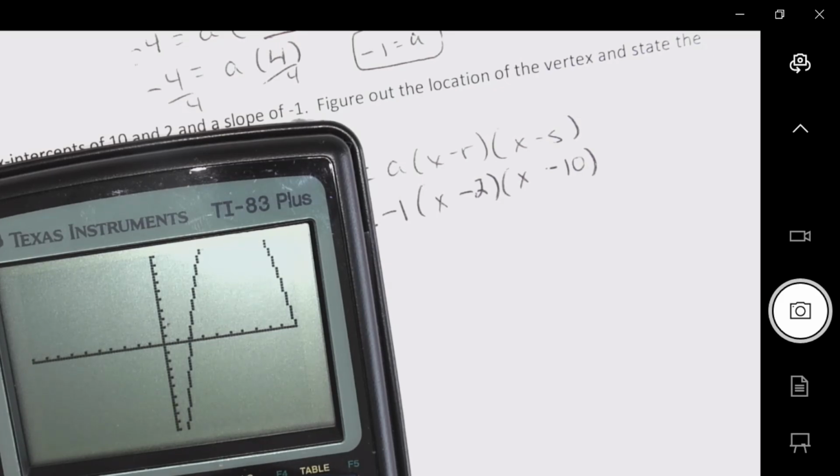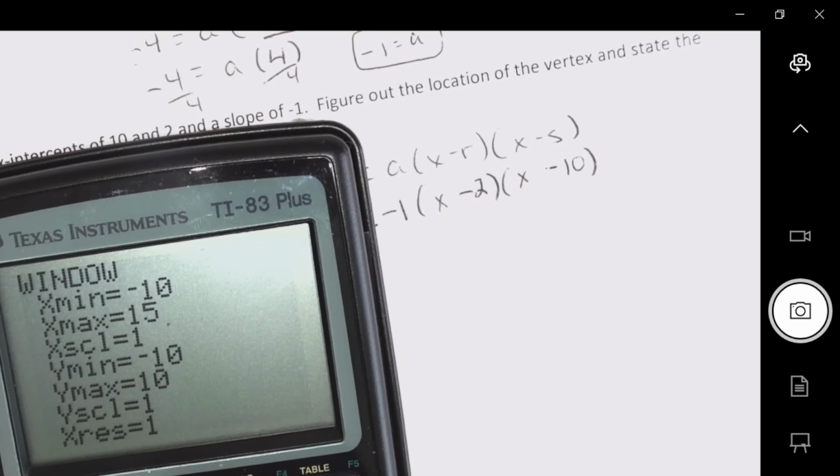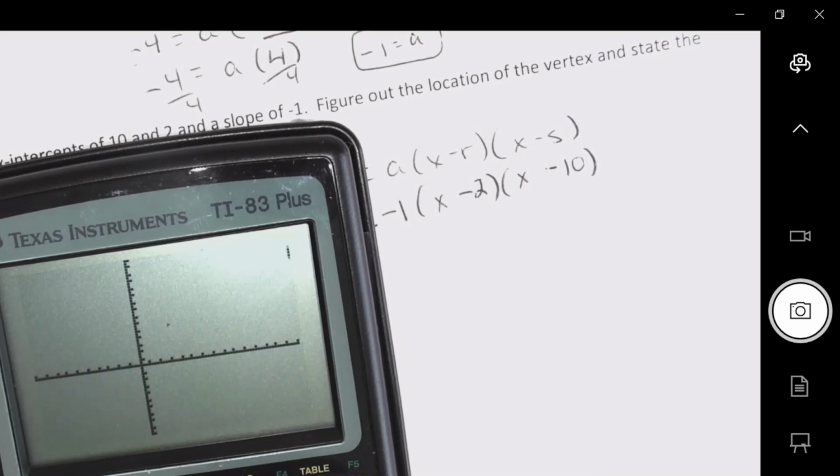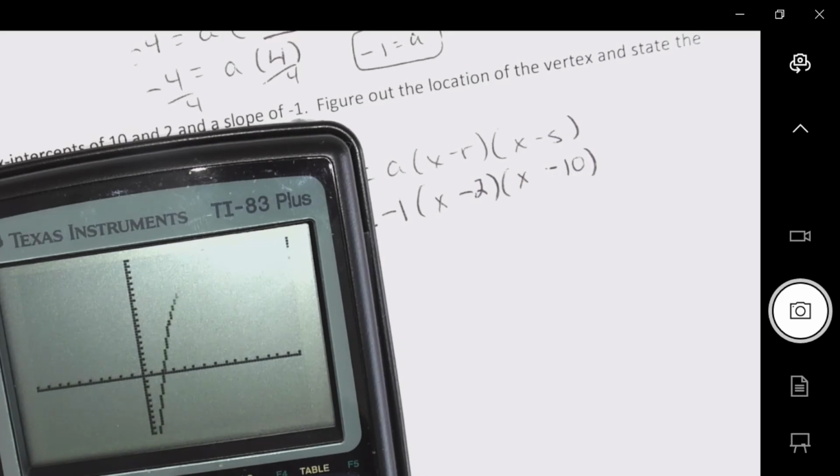Okay, for me, I can't see all of it. I think I'm going to go a little more right and a little more up. So the window, I'm going to go x max 15, y max 15, and let's just see. Ooh, still not high enough. Okay, I did my x to 15, which is good, but I'm going to do my y to 20. Okay, how do I get the vertex?